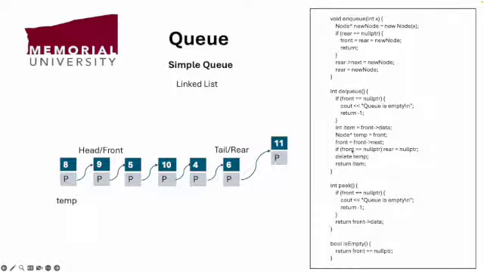If front is not equal to none, why do they check here? Why do they check in this step? Just in case this is the last one, right? Once it moved, it goes to nothing, right? It's the last one. If the linked list just has one element, and you remove it, it will point to nothing.